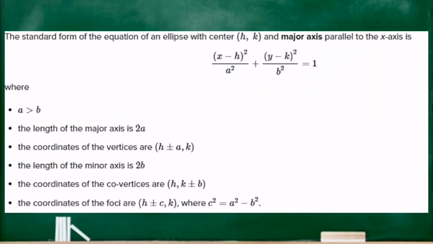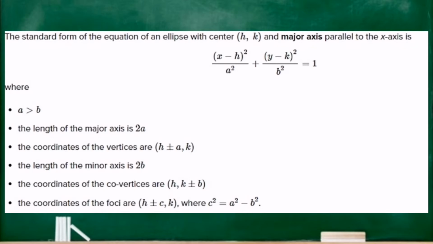Next, the standard form of the equation of an ellipse with center (h, k), meaning it is not at the origin. If the major axis is parallel to the x-axis, the equation is (x minus h) squared over a squared plus (y minus k) squared over b squared equals 1, where a is greater than b.